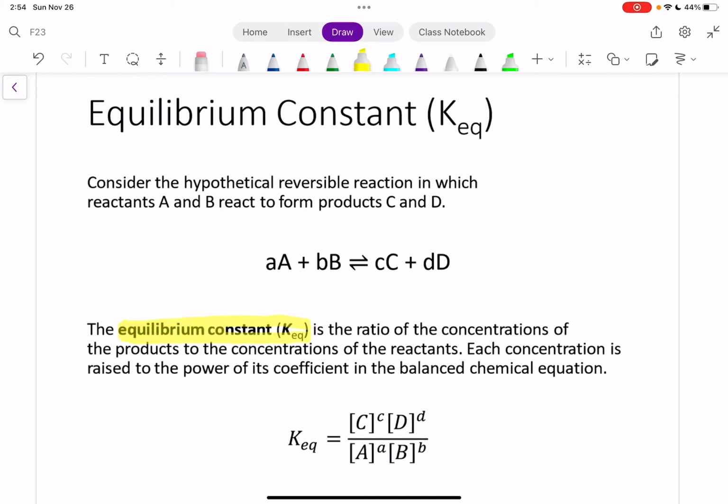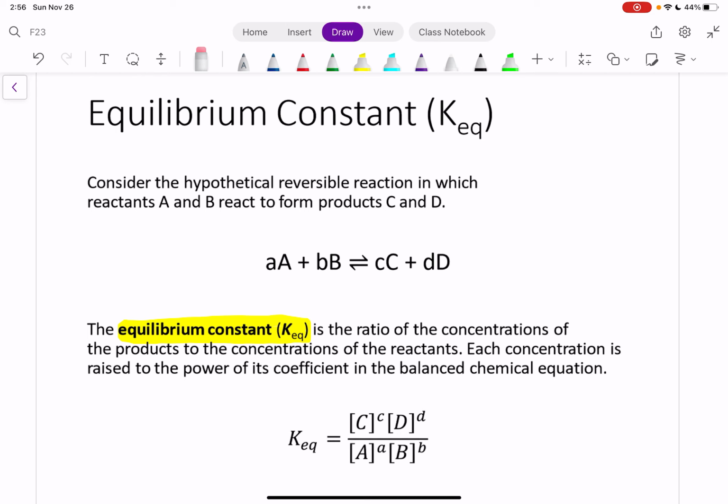We give that equilibrium constant the symbol capital K, with subscript EQ for equilibrium. This equilibrium constant is the ratio of the concentrations of the products to the concentrations of the reactants at equilibrium. And then what we do is we raise each of those concentrations to the power of the coefficient in the balanced chemical equation. I know this all sounds really crazy, but just stick with me for a moment.